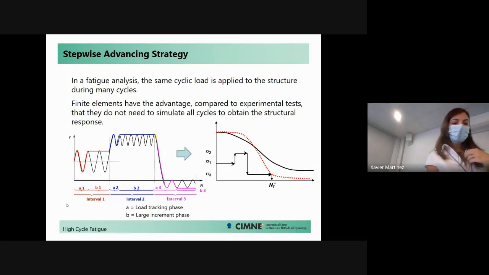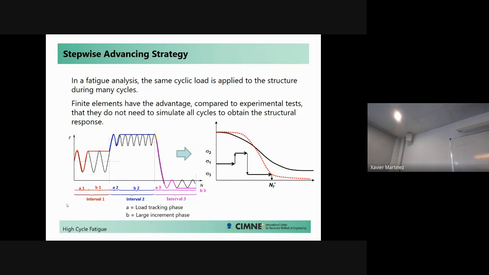For instance, if we have a load history comprised of, I don't know, 3 different blocks of cycles with 3 different amplitudes and different diversion factors, what we would be doing in our case is describing the first cycles of each one of the blocks of loading with small increments, 20 increments, 12 increments, the number that we need in order to have an accurate follow-up of the stresses and strains inside our geometry.